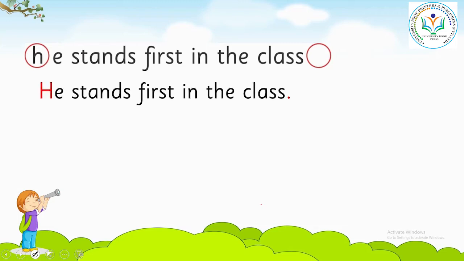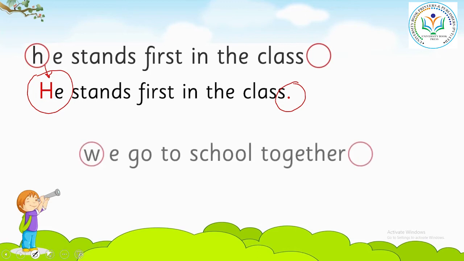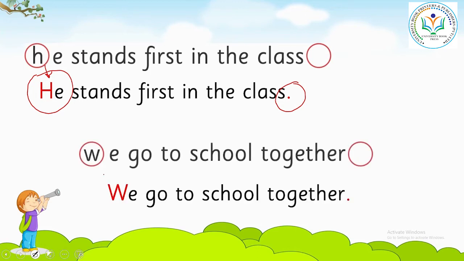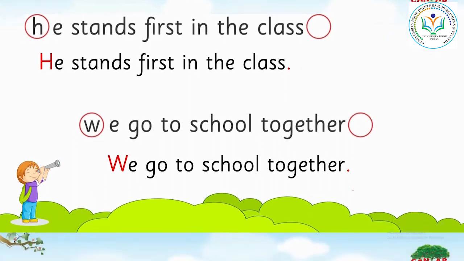So here again the first alphabet of he is capitalized and full stop is mentioned at the last word of the sentence. We go to school together. So W of we is capitalized and full stop is here.